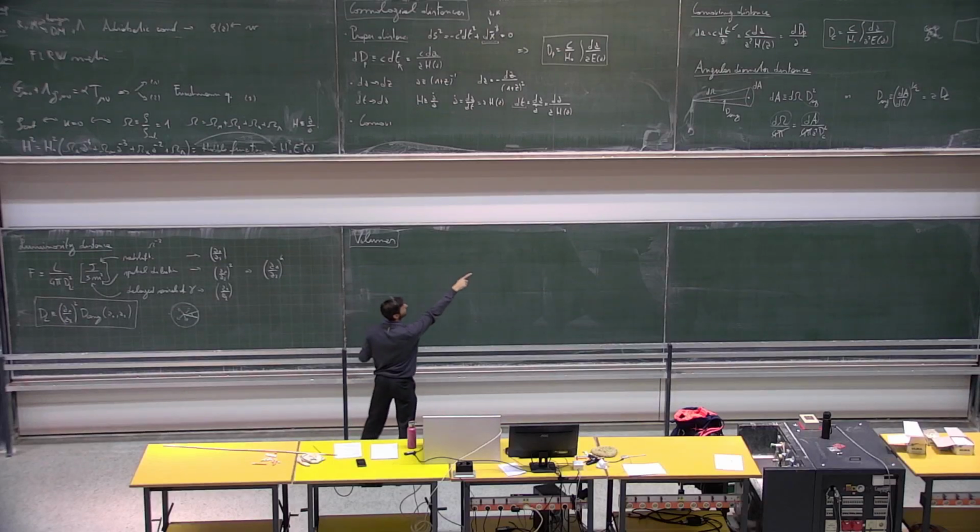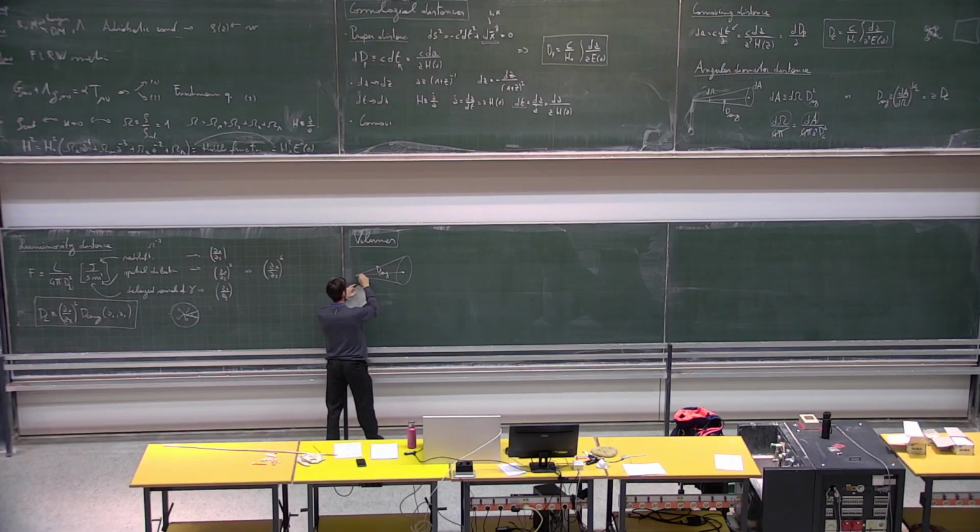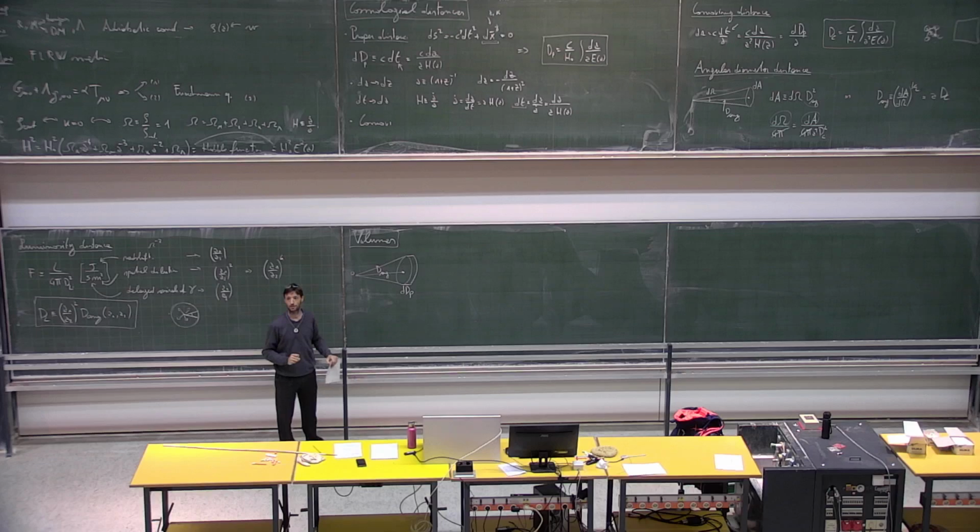Well, we go along the line of the angular diameter distance, with the difference that now we have one portion of a sphere, with a certain angular diameter distance between 0 and this location, and then we just define the interval, again based on the proper distances.